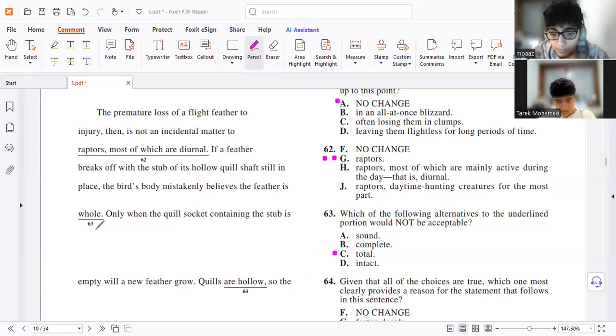Always check the meaning of the word. The bird's body mistakenly believes the feather is whole. So sound is complete, is intact, but not total. We are not talking about total number or conclusion or sum of equation. Feel it? Is it clear? Yes, we can say the total as 100% of the feather.